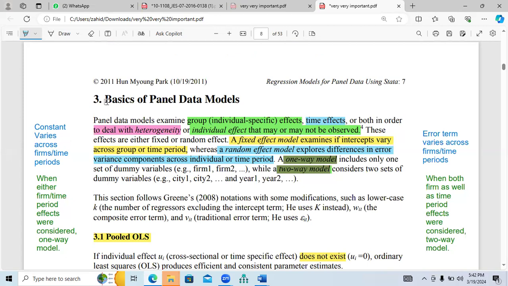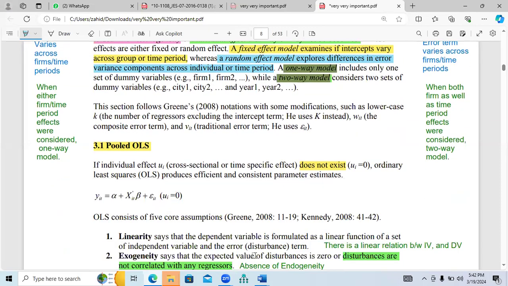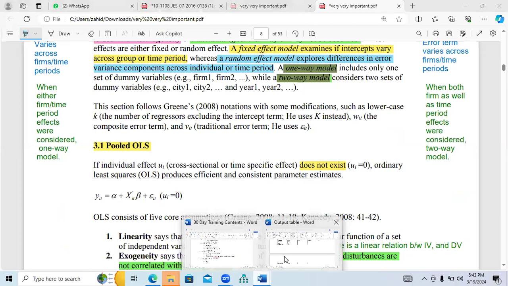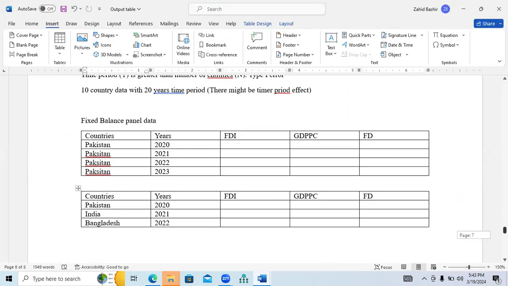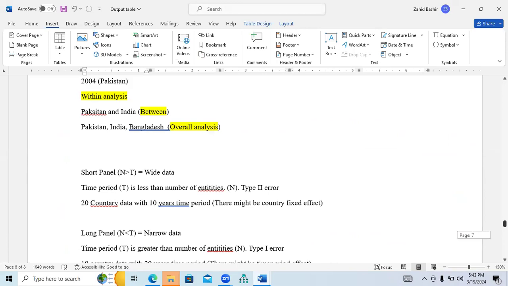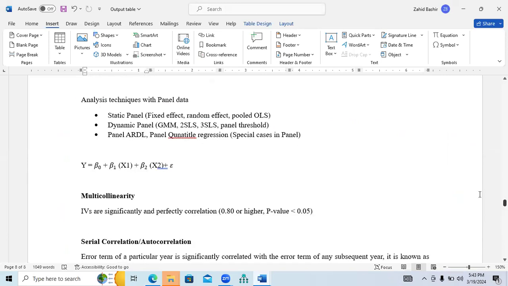We may have the panel data models like we may have pooled OLS. There are some assumptions relating to pooled OLS. We may have, if you remember, a different kinds of static panel techniques. Like I would like to show you. Yes, this one.